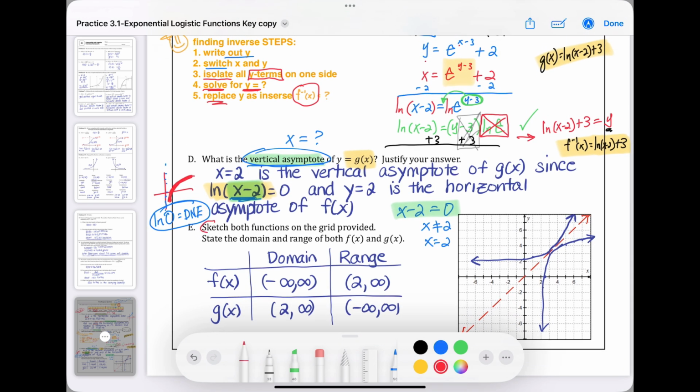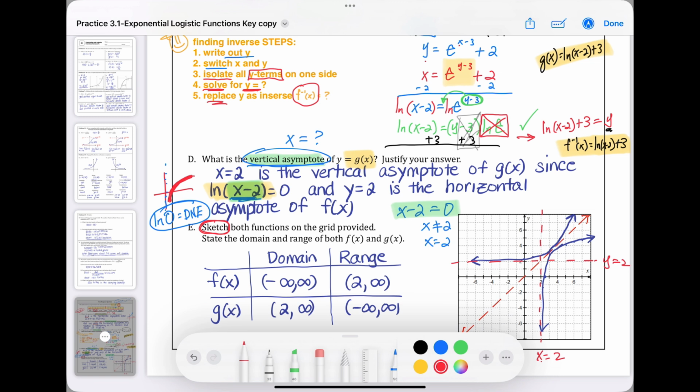All right, now the very last one, would you mind to sketch a nice picture of those two functions? Yes, we mentioned the horizontal asymptote, it's y equal to 2. And we just figured out the vertical asymptote, which is x equal to 2.